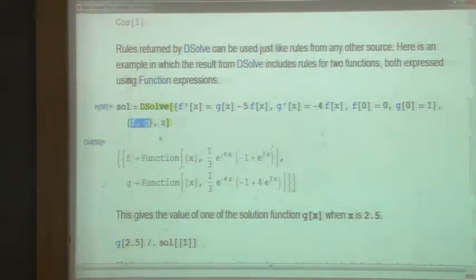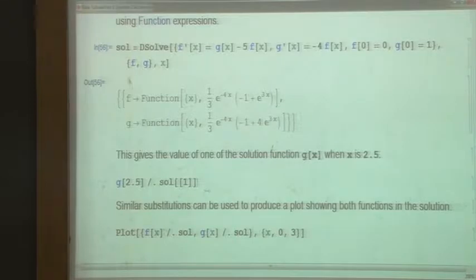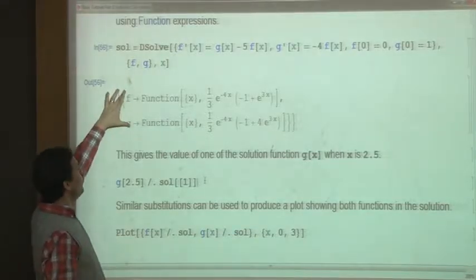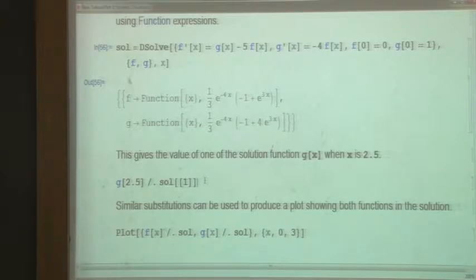Should it be solution 1 or solution 2 here? Solution 1, right? Yes, this is correct. Why? Because solution 1 is the one inside.